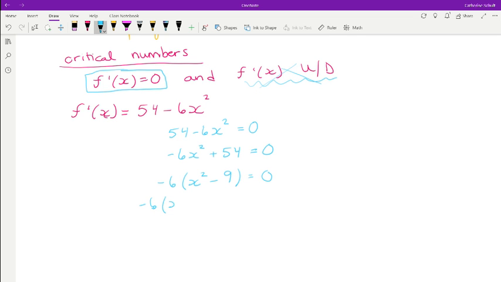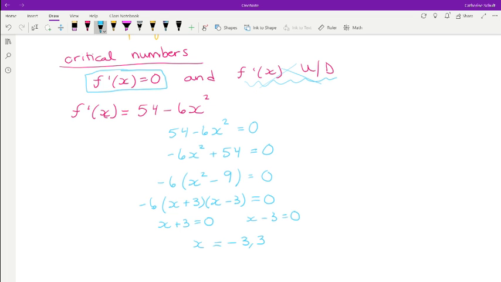So my technique right now is using the zero factor technique, where you make one side 0, factor everything completely, and then set each factor equal to 0. All right, that's a little pre-calc review. All right, so our critical numbers are going to happen at -3 and +3.